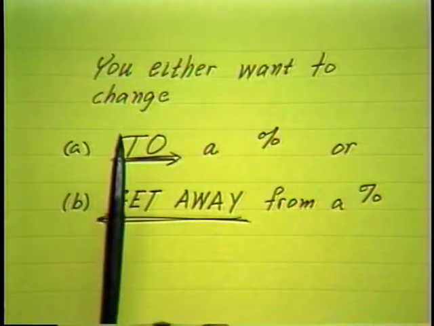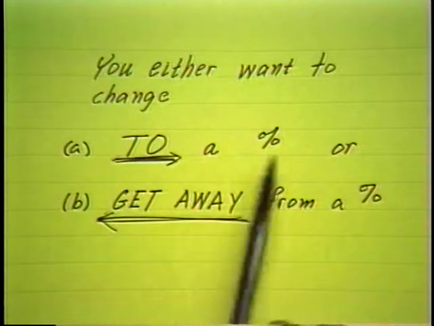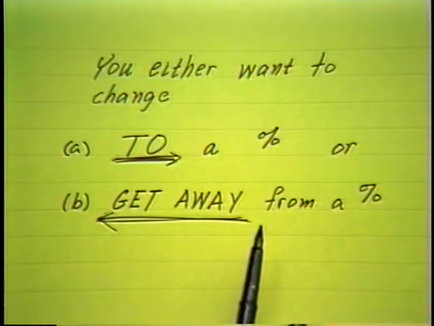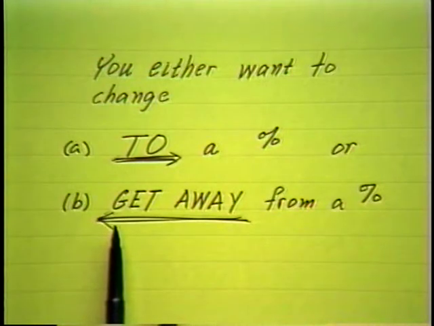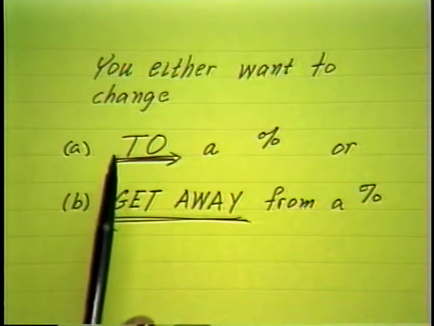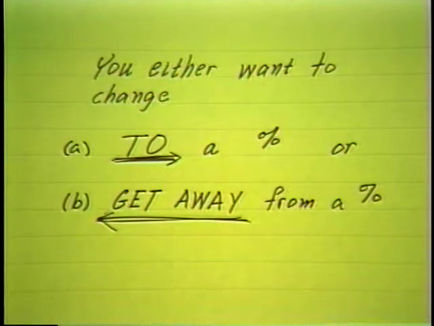That way, it turns out that if you're changing to a percent, you move the decimal point 2 places to it. If you're trying to get away from the use of a percent, you move it 2 places away. So the statement of the question in this manner tells you which way to move the decimal point.